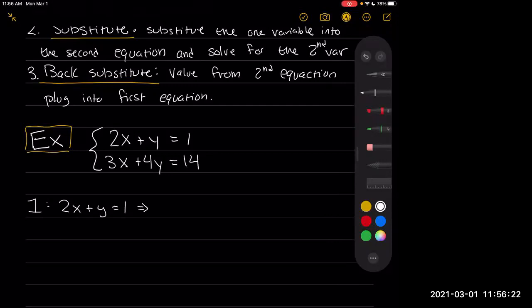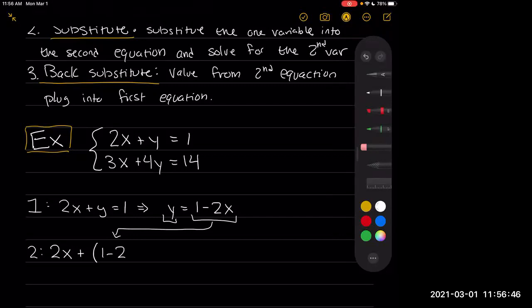And solving for y, that is 1 minus 2x. Okay, so then in step 2, we're going to plug this value in for y. So we're going to have 2x plus, we plug it down in here, 1 minus, oh, so sorry, there needs to be, I did this backwards.